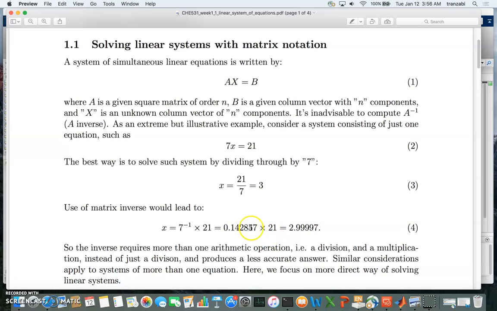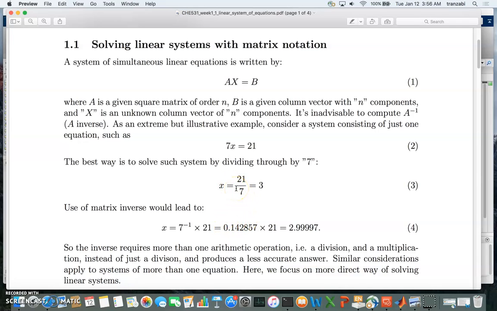If you keep up to 6 decimal digits, then this times 21 is going to be 2.9997. So we are making a little bit of error here, because 1 over 7 is this number and we only record 6 decimal digits.